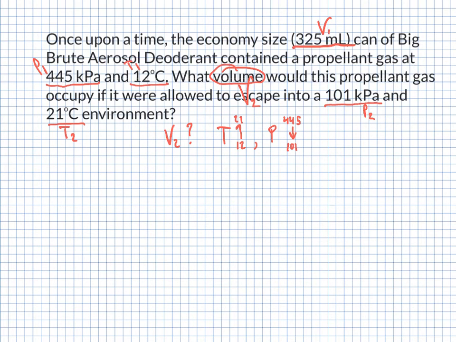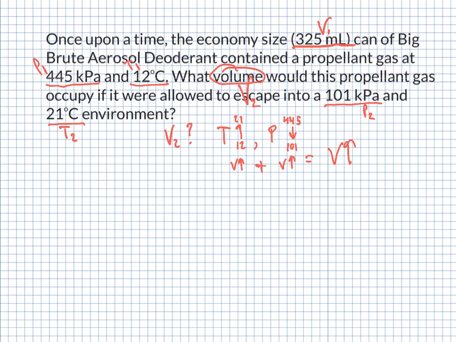If temperature increases, what do we expect the volume to do? We would expect the volume to increase. And if the pressure decreases, what do we expect the volume to do? Boyle's law says that those are inverse, so we would also expect the volume to increase. So overall here, both of those things are happening in the same direction, and we are looking at a volume increasing. So we're going to solve for V2.